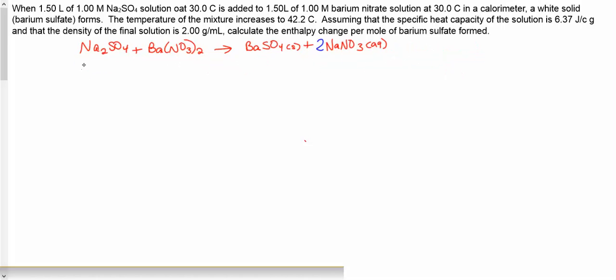We're given in the problem that we have 1.5 liters of sodium sulfate at a 1 molar concentration. We are also given that we have 1.5 liters of barium nitrate at a 1 molar concentration.